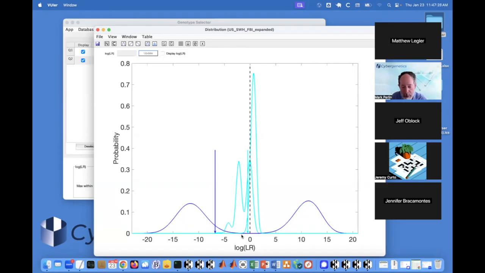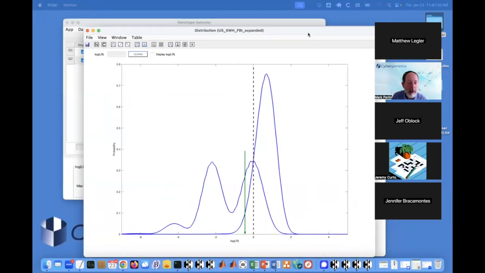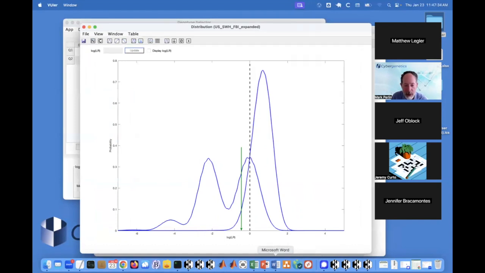So maybe we can zoom in on the lighter curve and get a closer look. So this is a STRmix result. Now we've zoomed in from -6 to +4. And just look at the non-contributor distribution.